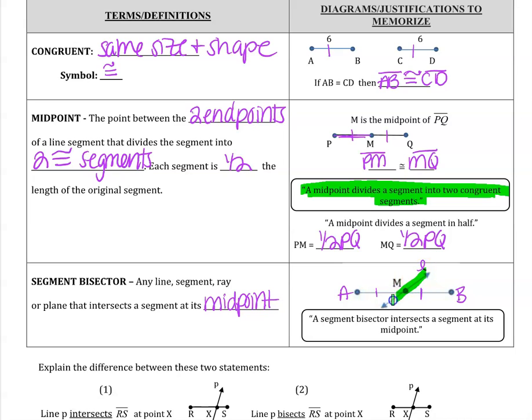Maybe I'll even highlight this. That's your segment bisector. L bisects AB, so therefore M is the midpoint of AB. And we talked about that in Unit 0 as well.